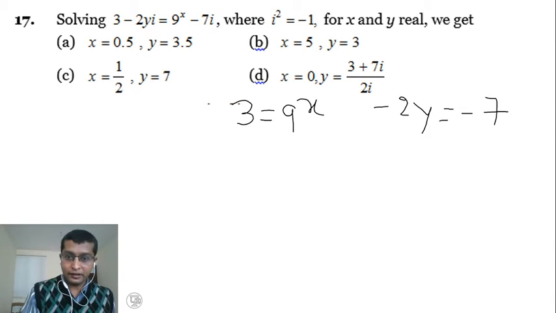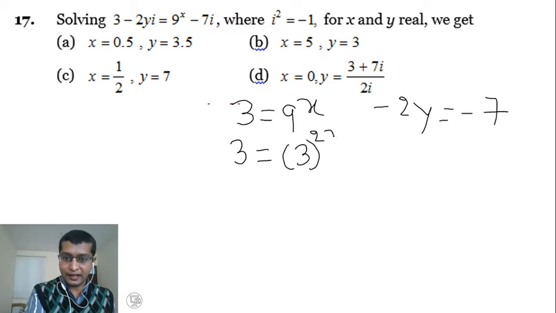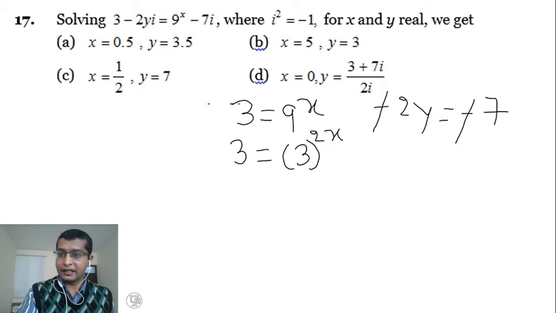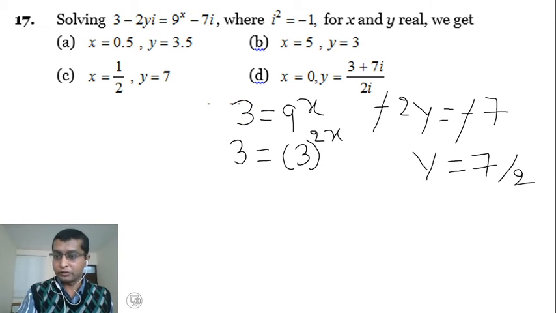Right. Then further, 3 I write as it is. Then 9 can be written as 3 square. So minus sign gets cancelled. So the solution for y is 7 divided by 2. Okay, here in this expression 7 by 2 is not there, so further I simplify 7 by 2, it is 3.5.